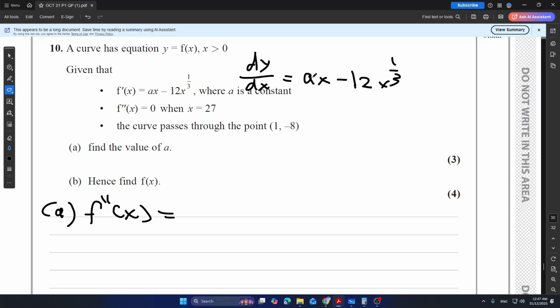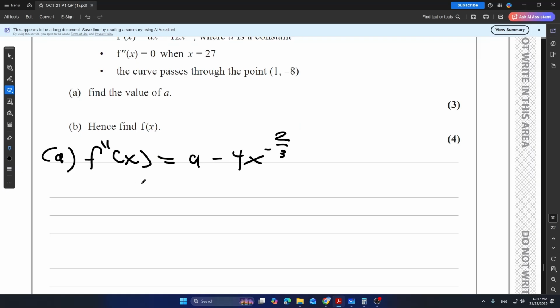Any number, a can be any number in the world, and since x is to the power 1, I can just remove the x and put a. And I need to multiply 1 over 3 times minus 12, which gives minus 4 x, and 1 over 3 minus 1 is minus 2 over 3. Again, the rule is, if you forgot, 1 over 3 times minus 12, and we need to minus 1 from here as well. So after that you get this.